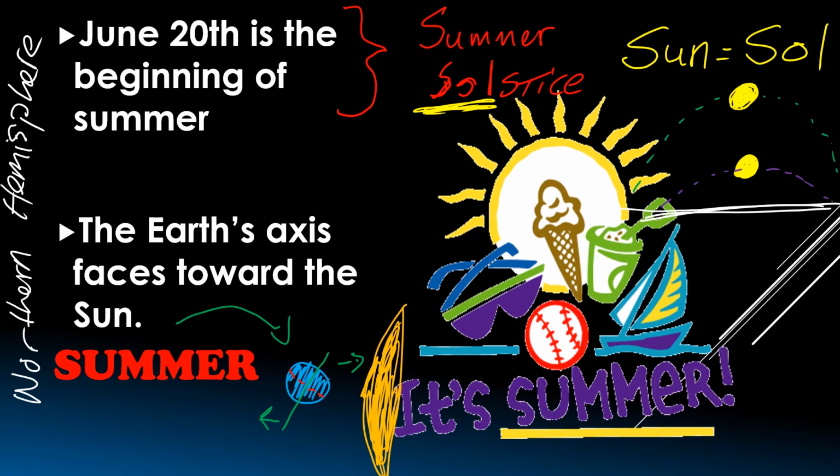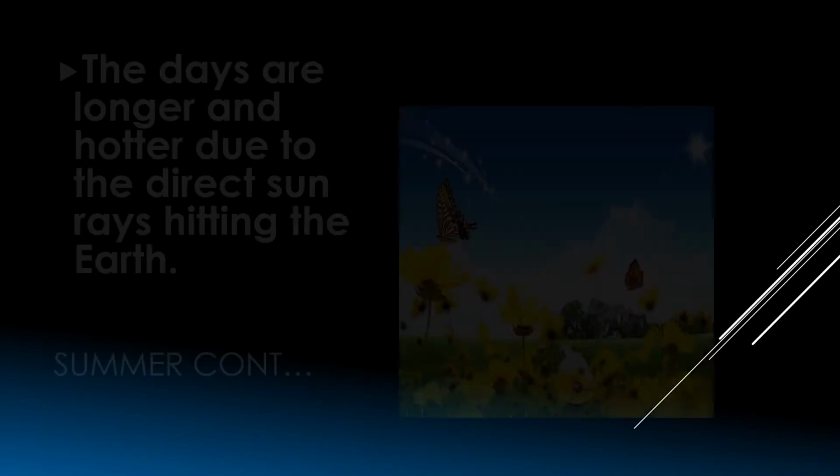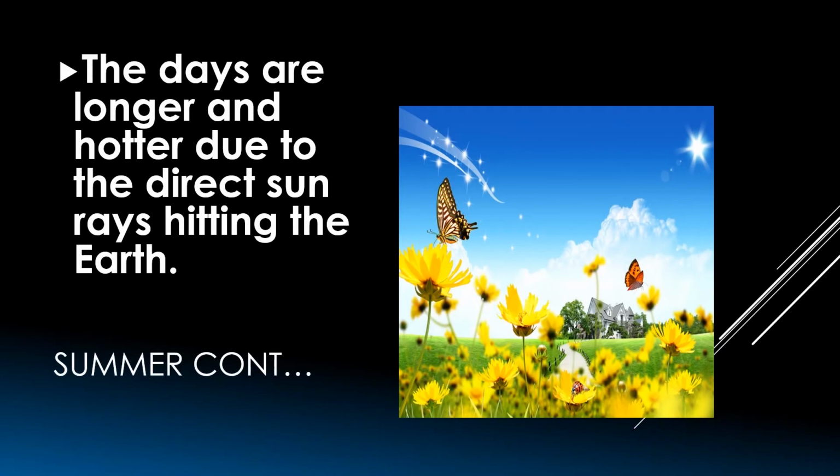Its arc is much lower because essentially we're looking at the sun at an angle. The direct sunlight's not right on us. Now, because summer is the time that we get our most direct sunlight, the days are going to be longer and hotter due to those direct sun rays hitting the Earth.